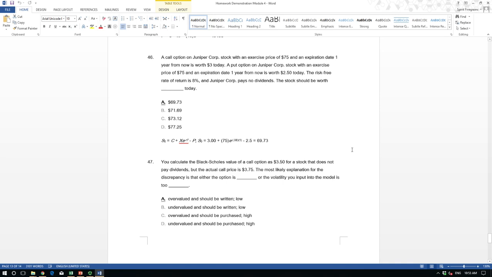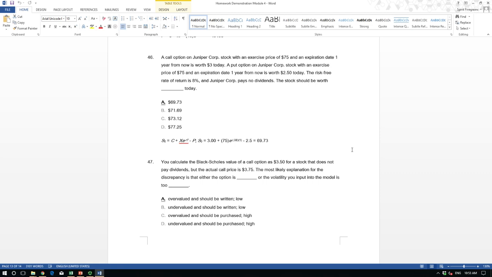Number 47. You calculate the Black-Scholes value of a call option as $3.50. The stock does not pay dividends, but the actual call price is $3.75. The most likely explanation for the discrepancy is that either the option is overvalued, undervalued, or the volatility you put into the model is too high or too low.